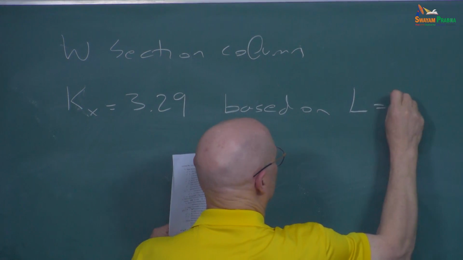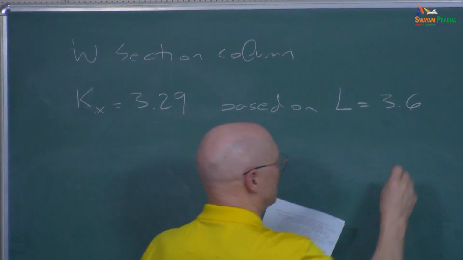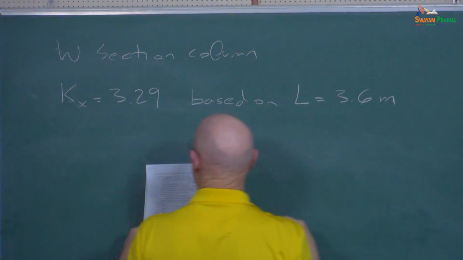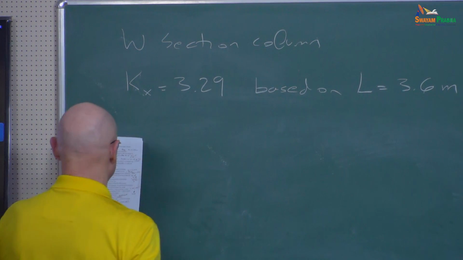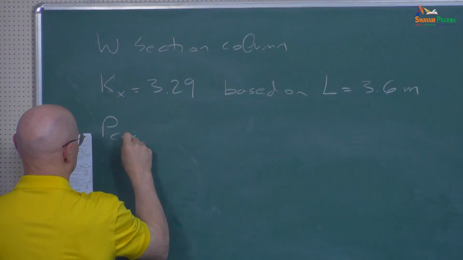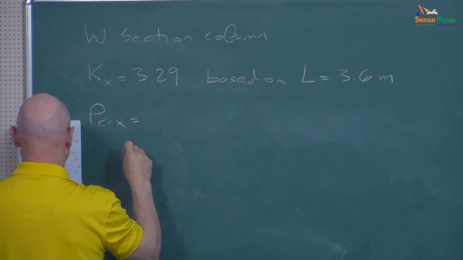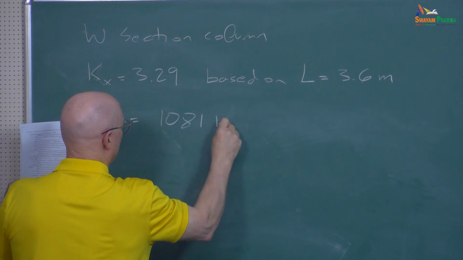That's based on L equals 3.6. You could say, why didn't we use it to the bottom of the column? If we did, we'd still get the same KL because the P critical X here is the same number, and that's the fundamental value, that's 1081 kilonewtons.